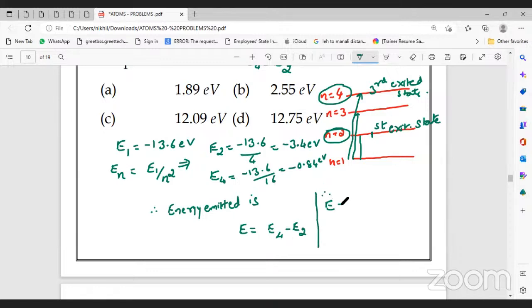Therefore, E is equal to minus 0.84 minus, minus 3.4, that is plus 3.4. What is 3.4 minus 0.84? Approximately 2.5 something, or you can go with 2.55 electron volt. Option B is the right answer. Got it? Any doubt?